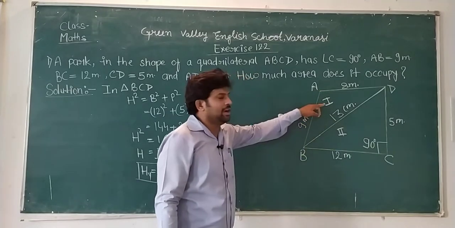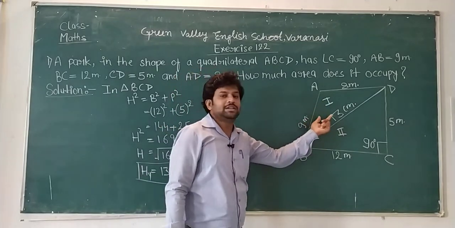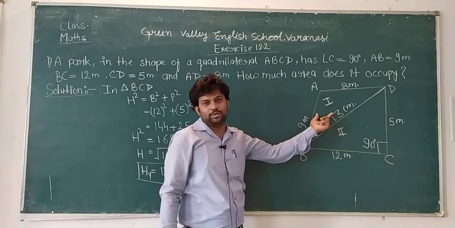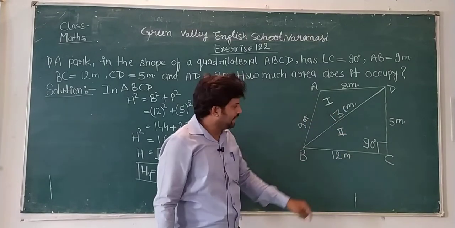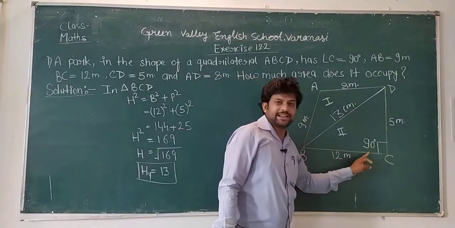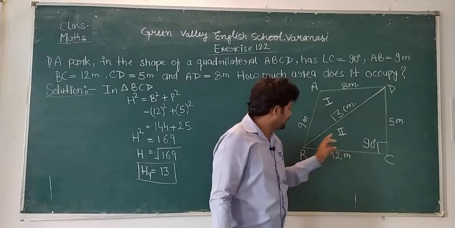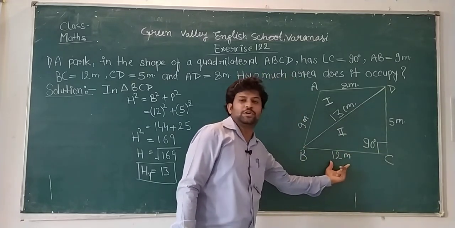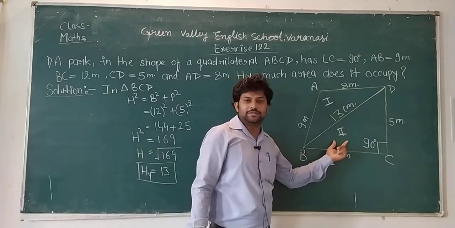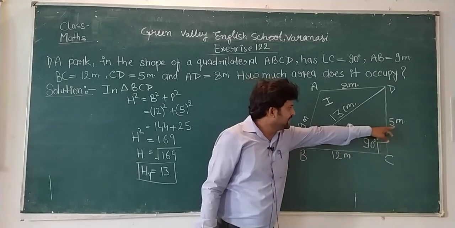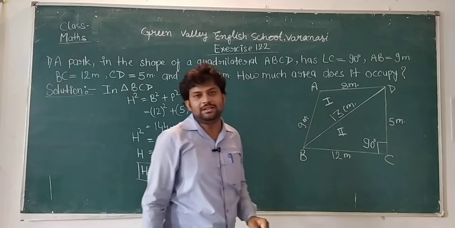Then we can apply Heron's formula. When we find the area of the second triangle, we see that angle C is a right angle. It means CD is the height of triangle BCD and BC is the base. Then we can apply area of triangle is equal to 1 upon 2 base into height, because triangle BCD is a right angle triangle.